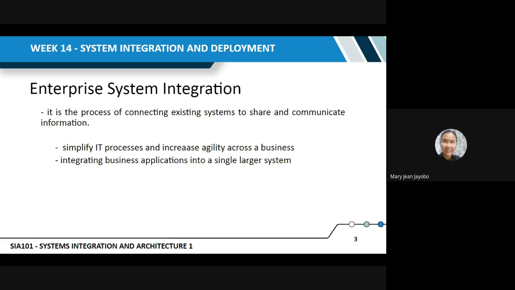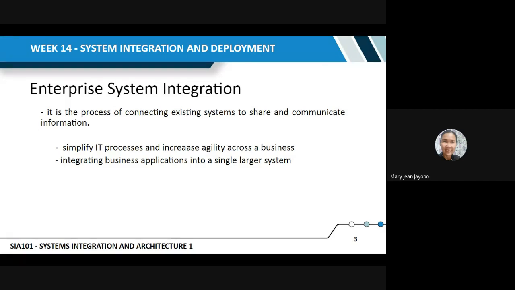They have different applications, but they are integrated in one IT-enabled system. So the smaller systems or applications are integrated into a single larger system, which allows all applications to functionally work together.